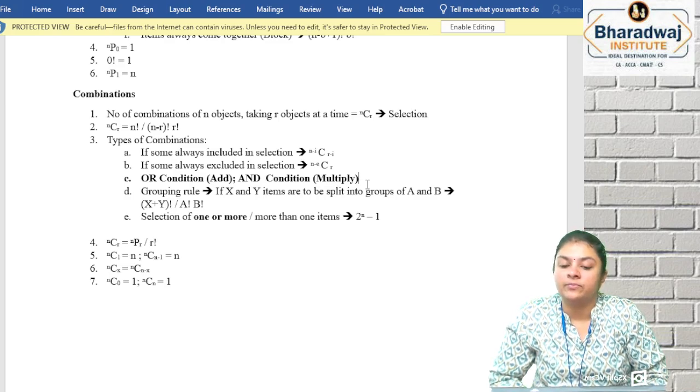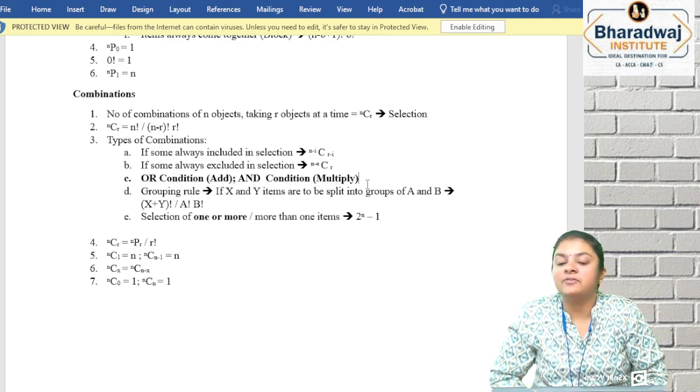Fourth one, the rule of groups. If a set of items are to be split into groups, identical or non-identical, however many. Say there are 10 people who are to be divided into 2 groups.